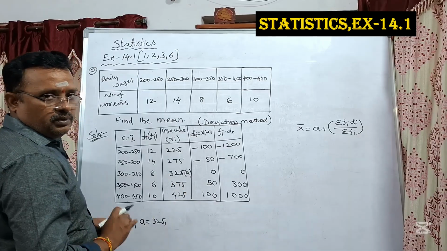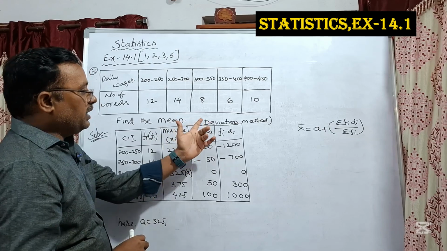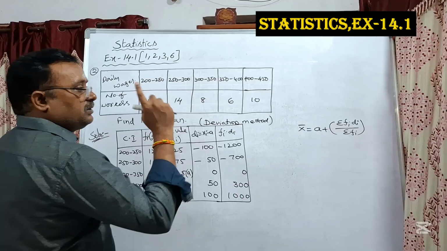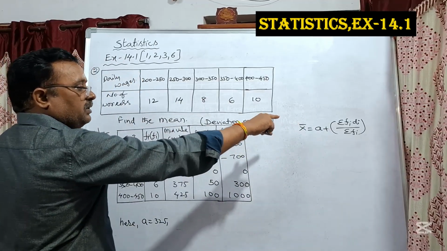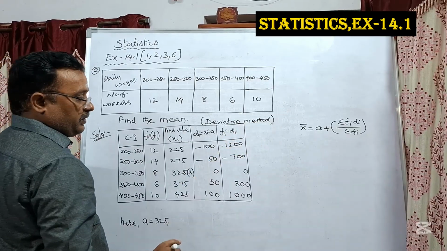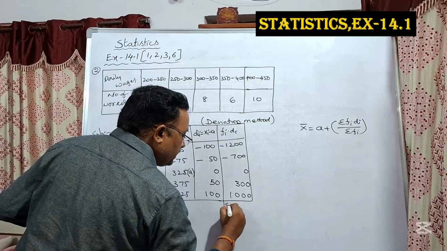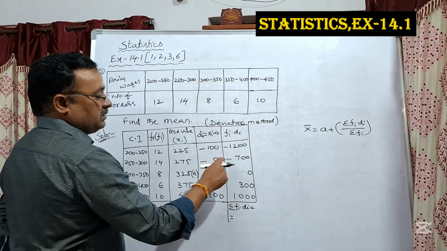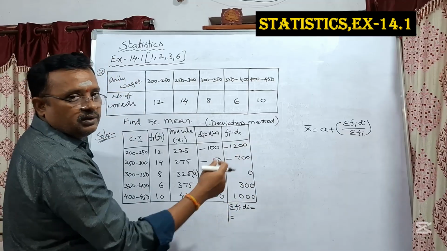Then what we need to do? We prepared the 5 column table for the deviation method, or adjusted mean method. We need to remember the formula: mean x bar equals a plus sigma fi into di by sigma fi. So sigma fi into di we want. Add all of them. These two are negative values, these two are positive values, so work them out separately.